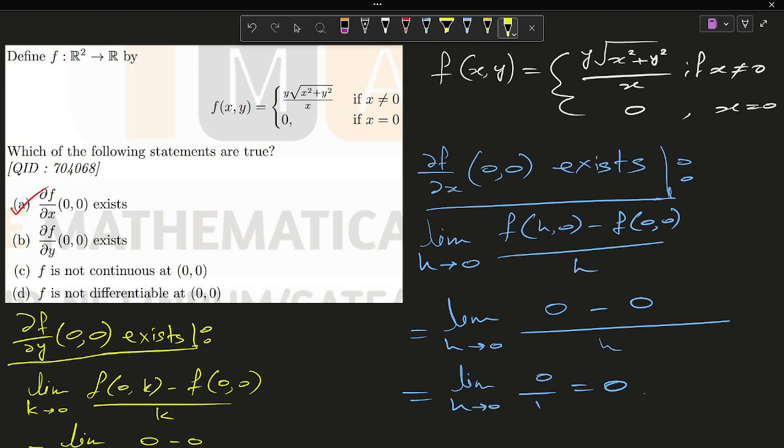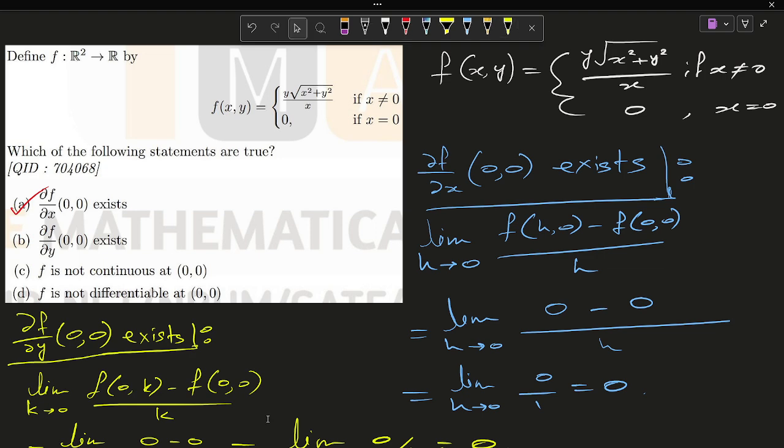The same thing occurs as in the previous one. Applying L'Hospital rule, we get 0 by 1, so that will be 0. So option B is also true.